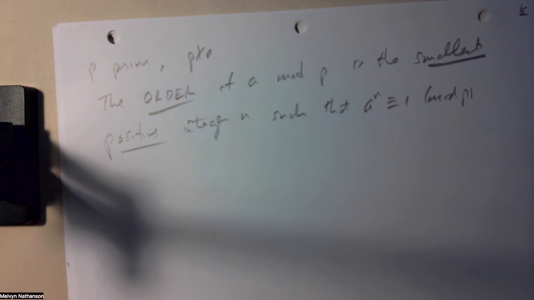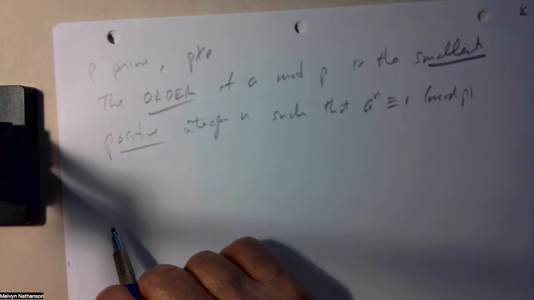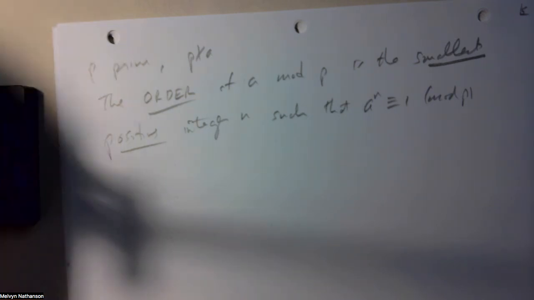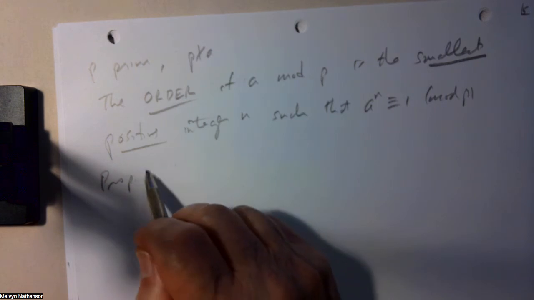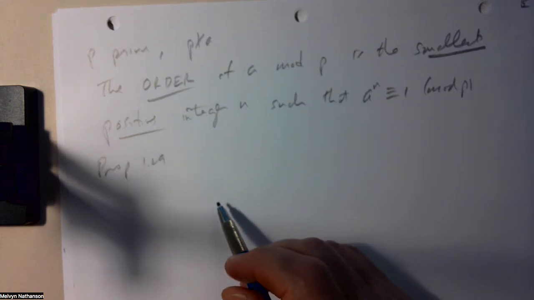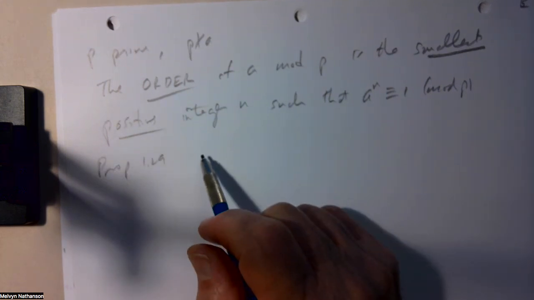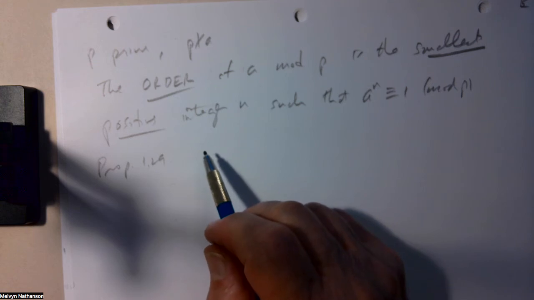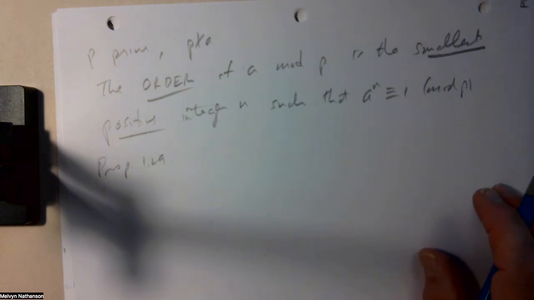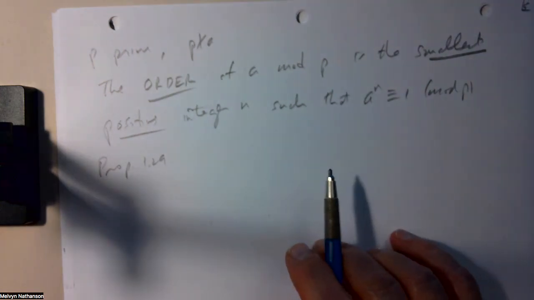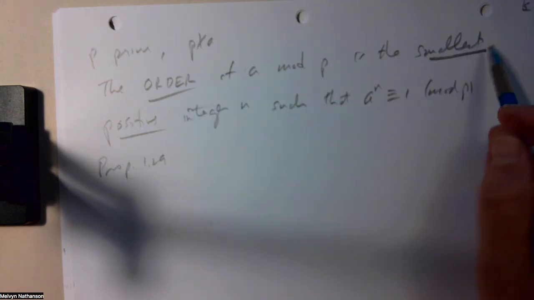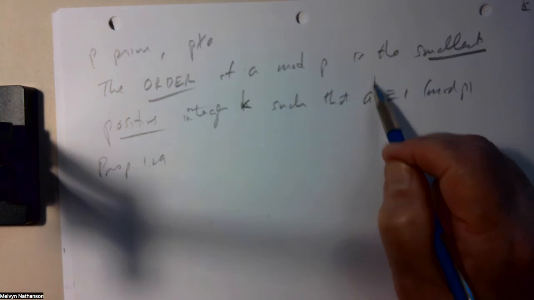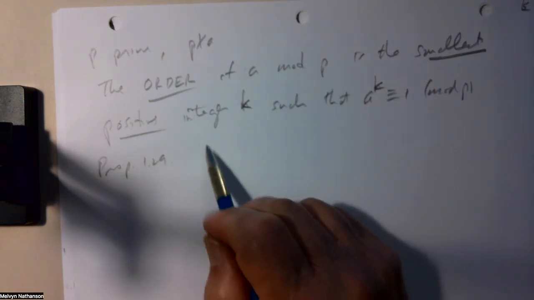So the order of a mod p is the smallest positive integer n such that a to the n is congruent to 1 mod p. And there's a nice proposition, proposition 1.29, which says the following. Actually, let me just change the notation. The order of a mod p, I'm going to call the smallest positive integer k such that a to the k is congruent to 1 mod p.